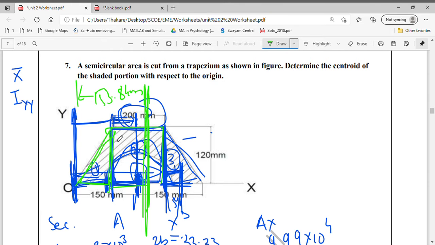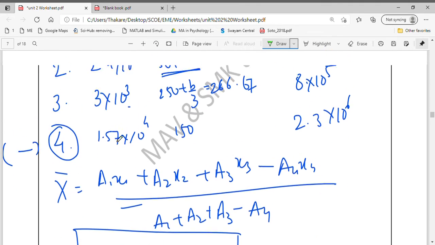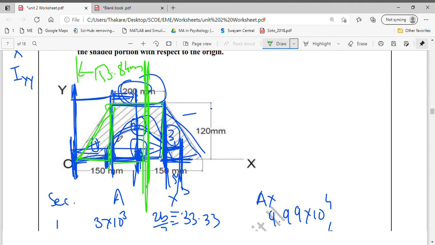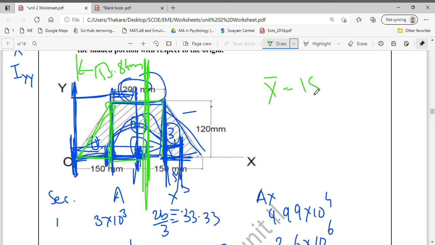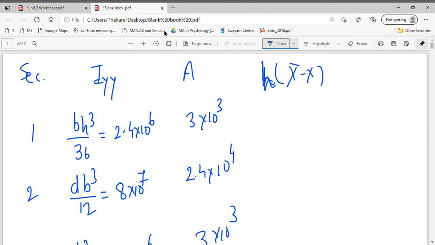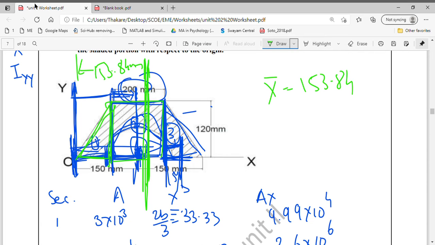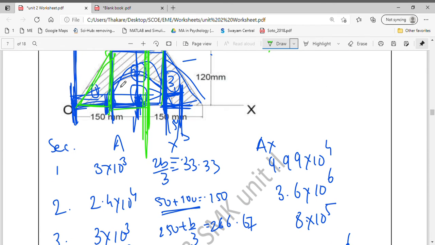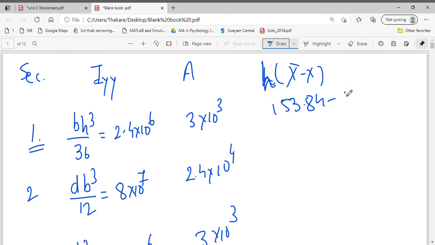We know our x bar is 153.84. So for first section we have x bar as 153.84 minus first section's x, which is 33.33, it comes out to be approximately 120.4.